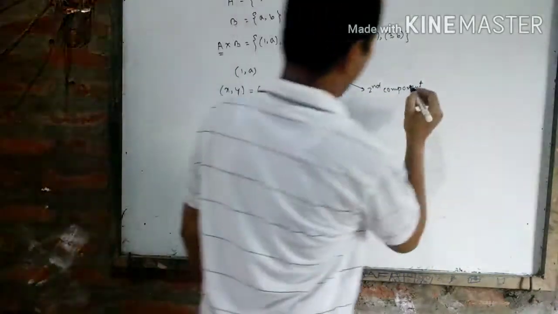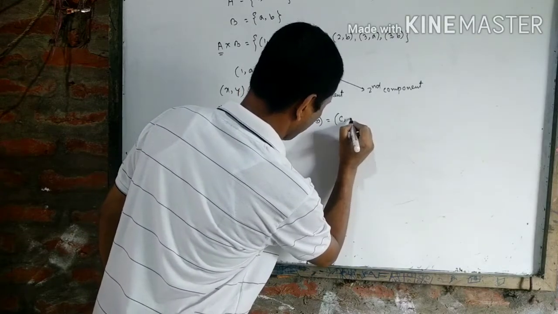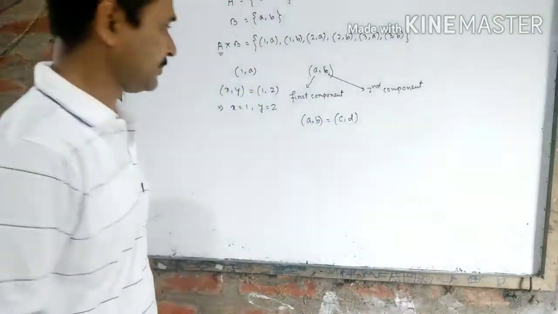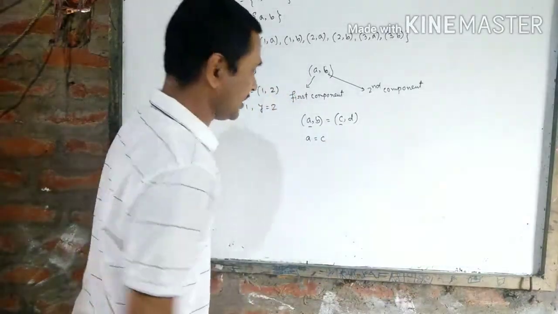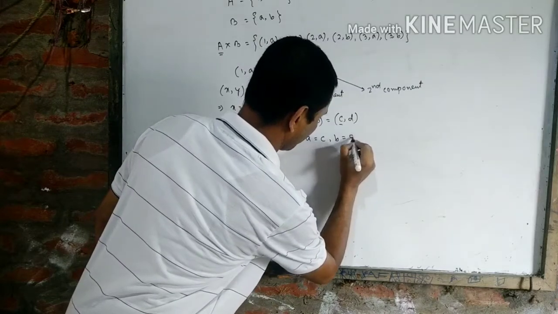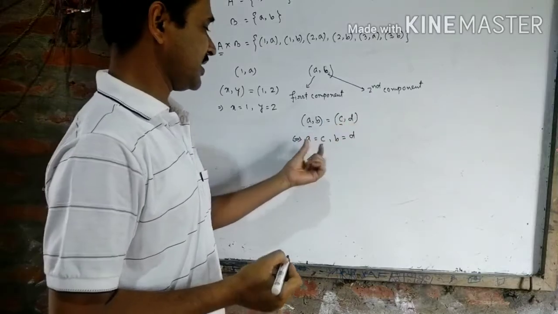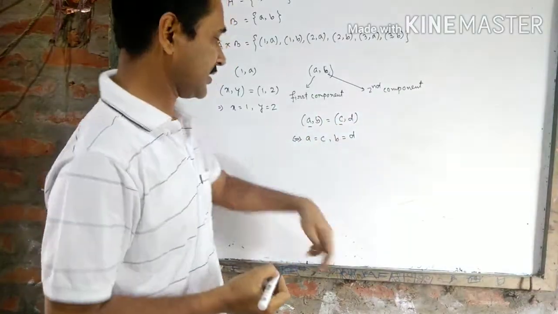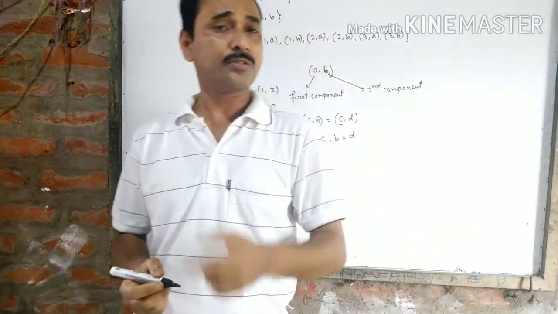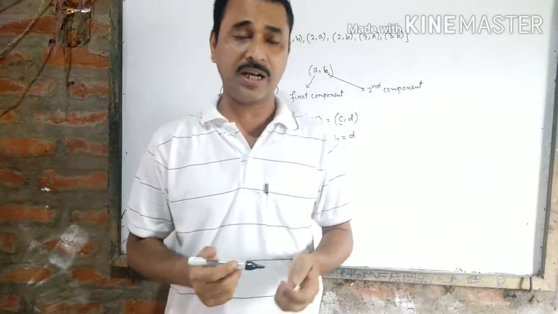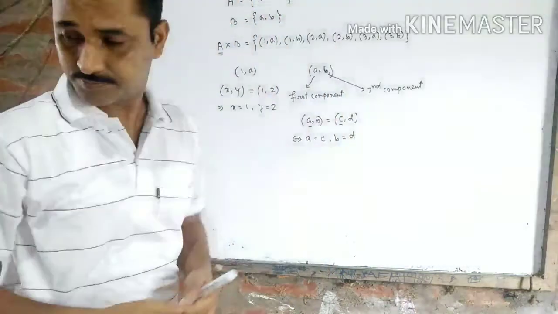And if I say that two ordered pairs (a,b) and (c,d) are equal, it means the first component is equal to the first component, a is equal to c, and the second component is equal to the second component. If (a,b) is equal to (c,d), then a is equal to c, b is equal to d. And conversely, if a is equal to c, b is equal to d, then the ordered pair (a,b) is equal to the ordered pair (c,d). Okay. So this is about ordered pairs.